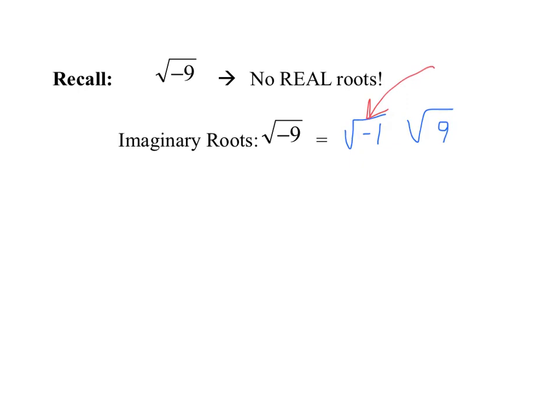Then we further simplify. This is otherwise written as the imaginary unit i. The square root of 9 is 3. And then to finalize that, we always write the coefficient value in front of the imaginary unit. And so the square root of -9 is equal to 3i.